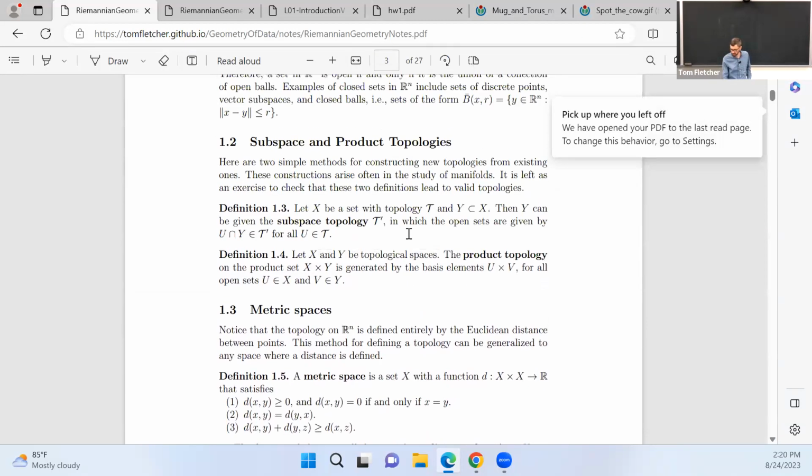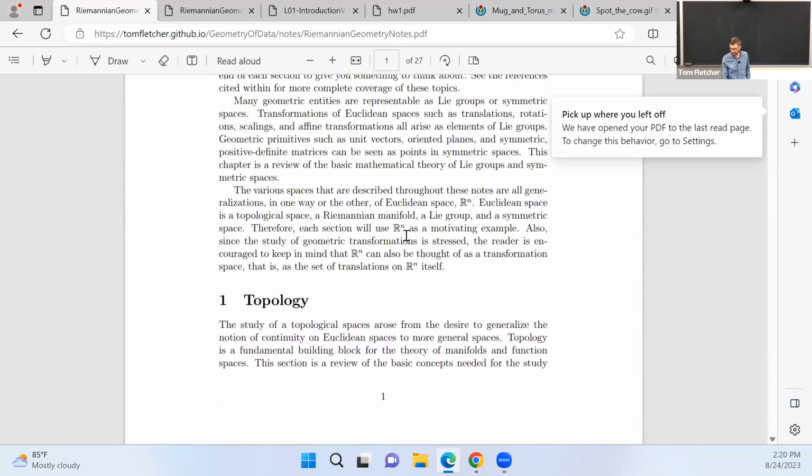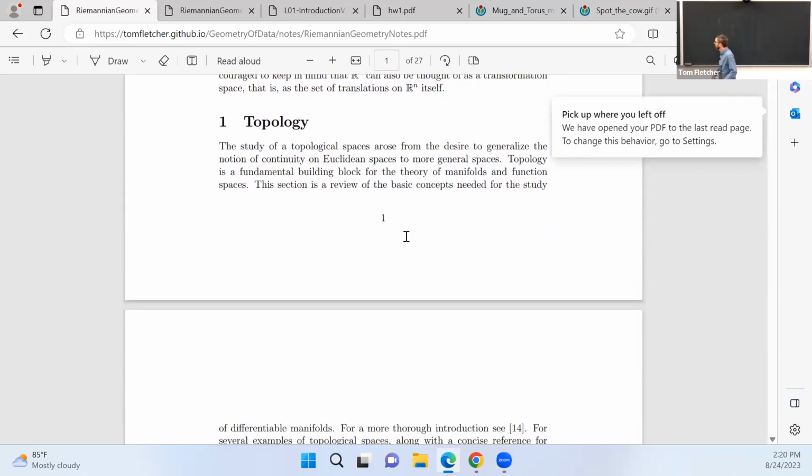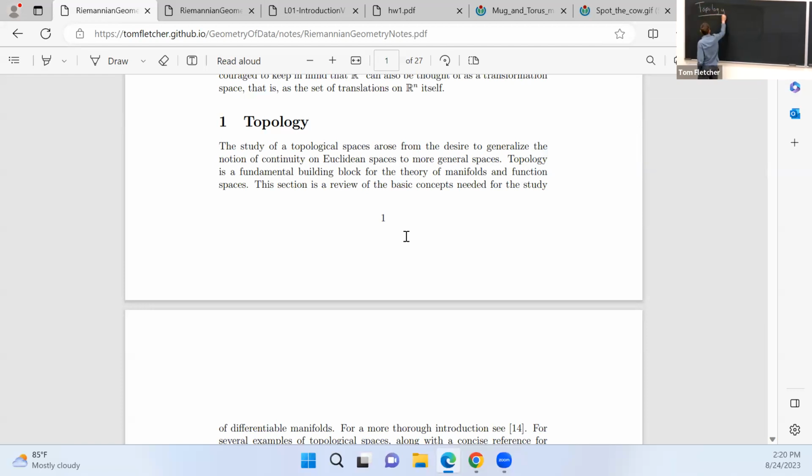Okay, so starting out with a little bit more motivation about what is topology. This is a more mathematical motivation: topology is really the study of continuity. If you go back in your education to when you learned calculus, Calc 1, and learned what a continuous function is, you probably learned the epsilon delta definition of a continuous function from a real number to a real number.